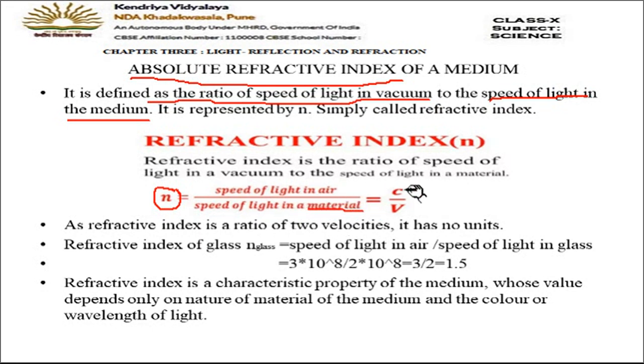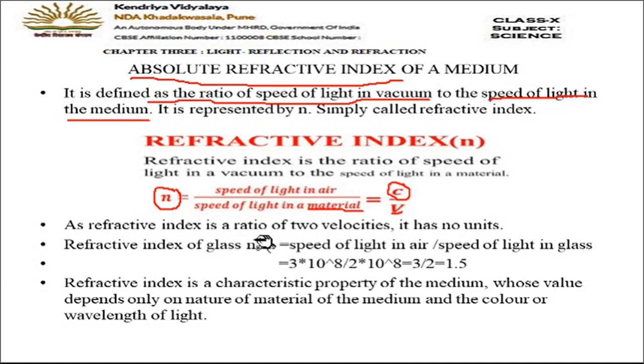And speed of light in air is represented by the letter small c, and speed of light in any medium is represented by small v. So refractive index is c upon v. C by V. C is representing speed of light in air and V is representing the speed of light in any medium.